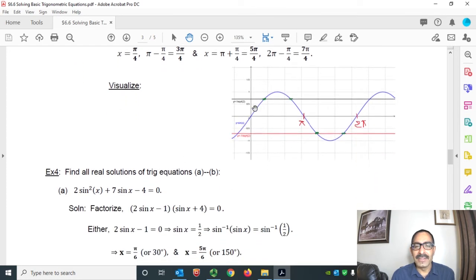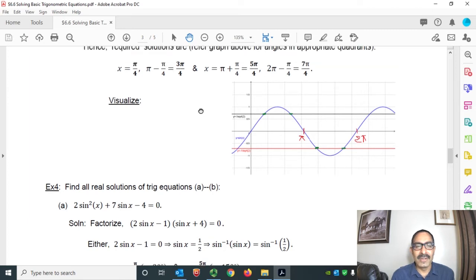This is the sine graph, and this is y equals 1 over radical 2, and this line is y equals minus 1 over radical 2. So then the graph intersects here, that's in the first quadrant, this is the second quadrant, here is the third quadrant, and here is the fourth quadrant.